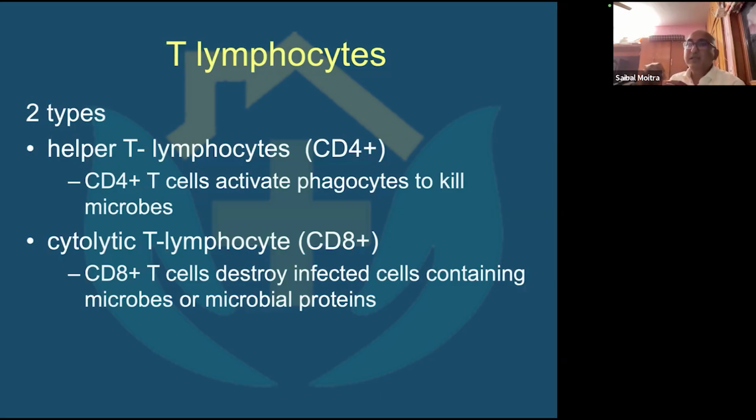Once that organism is engulfed, it forms a vesicle, and this vesicle fuses with the lysosome, and the lysosomal enzymes degrade that organism. So this degradative compartment which is formed is linked to the external environment.